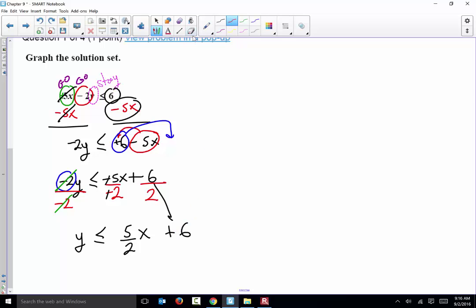So this is not going to be 6. So it's not 2 though. It's minus 2 we are dividing, right? So what is positive over negative? It's negative. 6 over 2 is 3. We fixed one mistake. What is the other? We need to flip the sign. Perfect. When you divide both sides with a negative, we need to flip the sign.